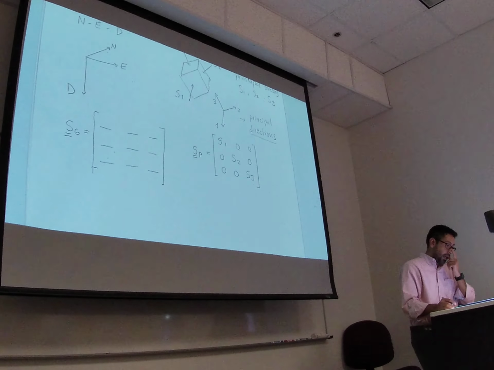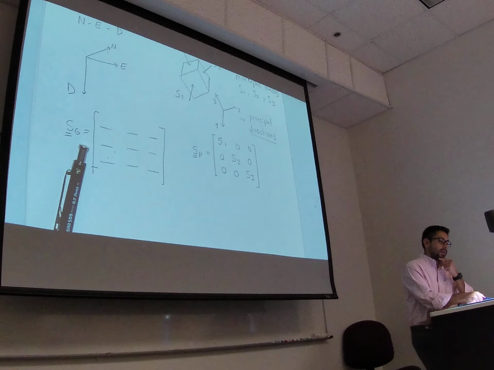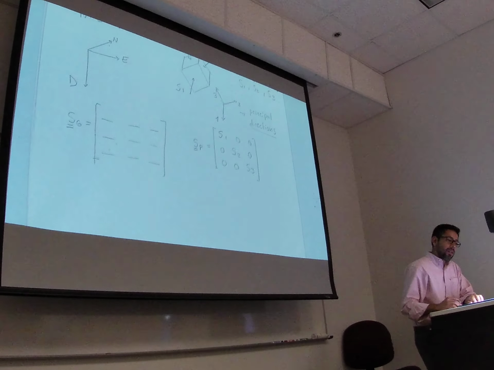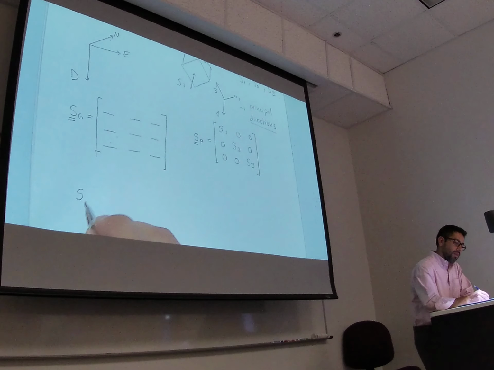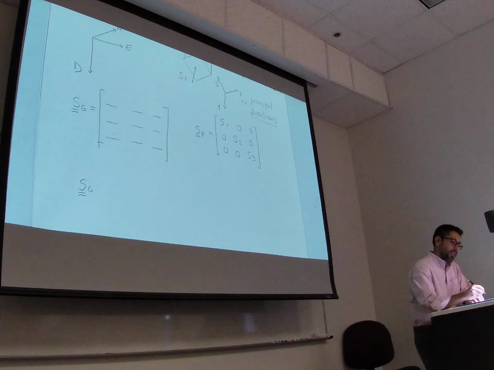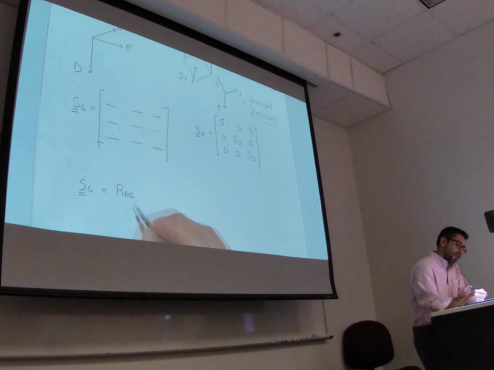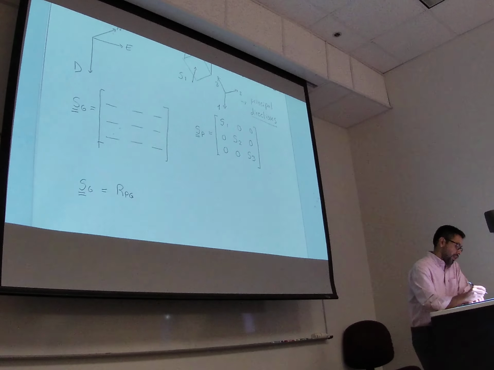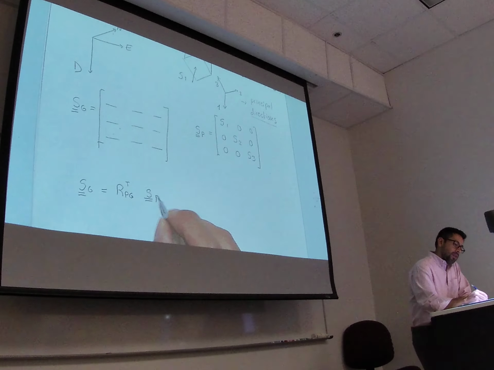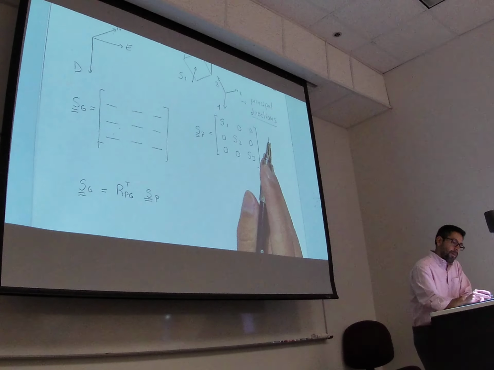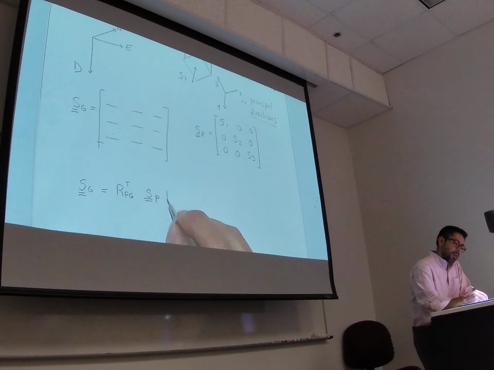Okay, so the question is now, how do I get this matrix? Well, this matrix is going to be the result of the matrix multiplication of a transformation matrix going from the principal to the geographical coordinate system, transpose, times the tensor in the principal direction coordinate system, times this matrix again.